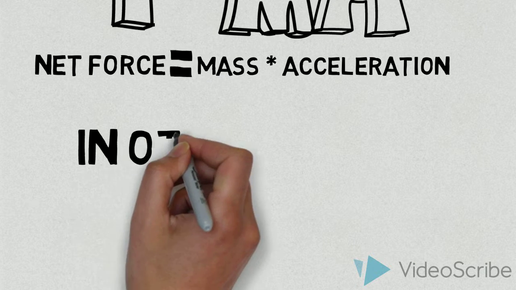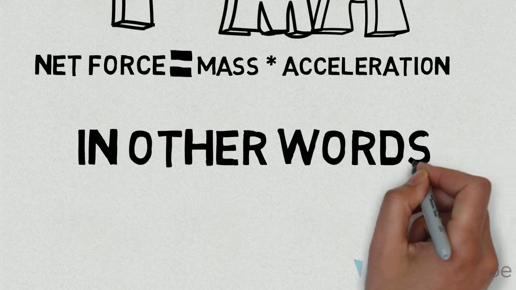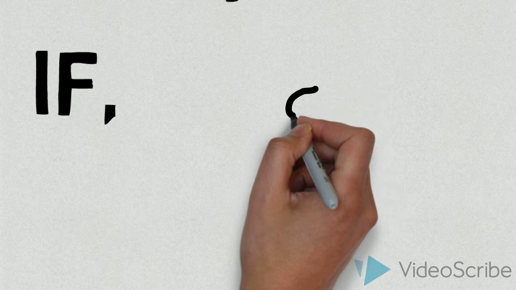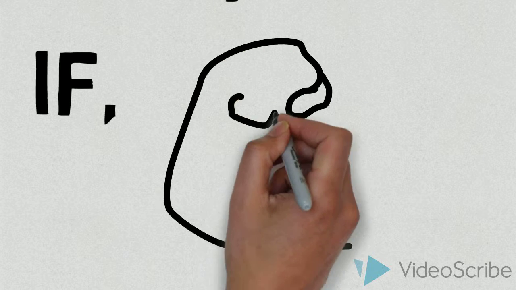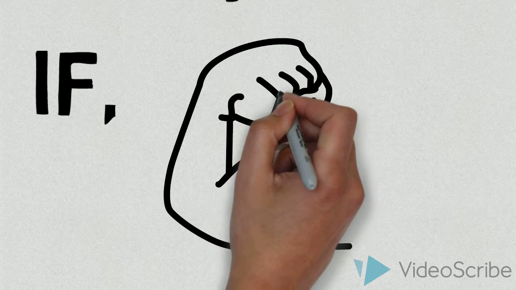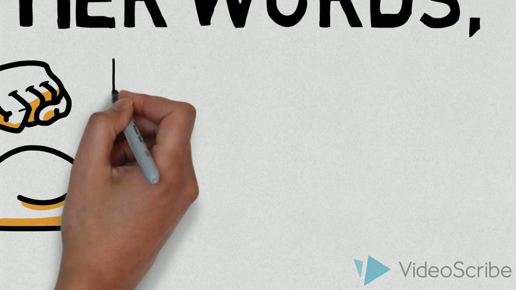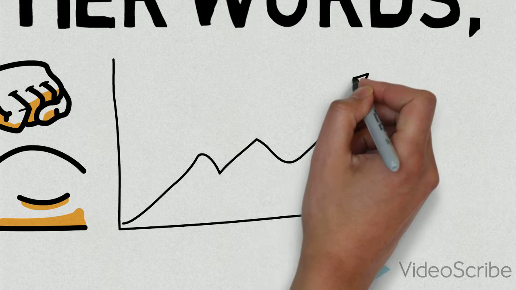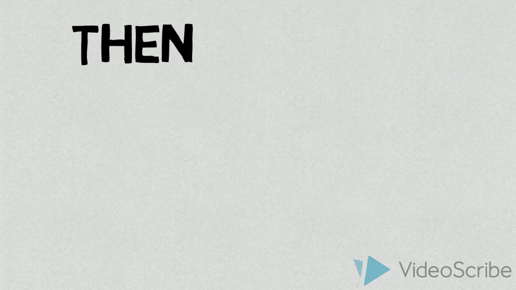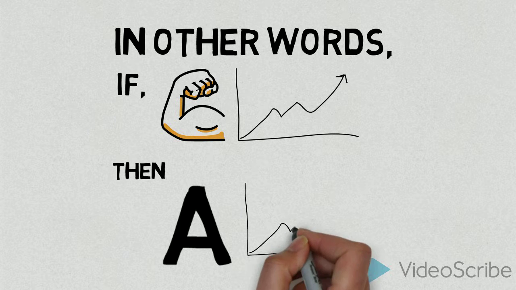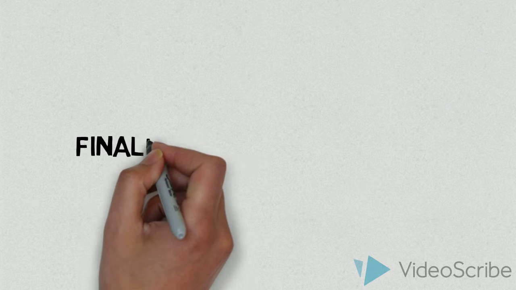Now, in simple words, this means that if the net force on the object increases, then a, or the acceleration of the object, will also increase because they have a direct relationship.